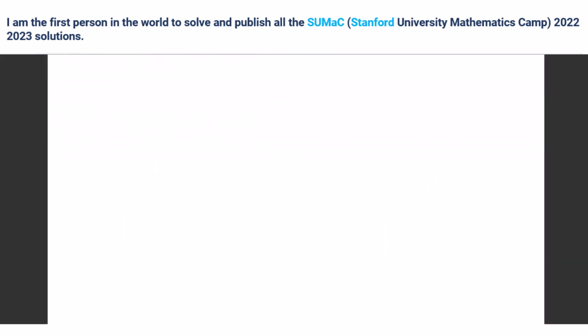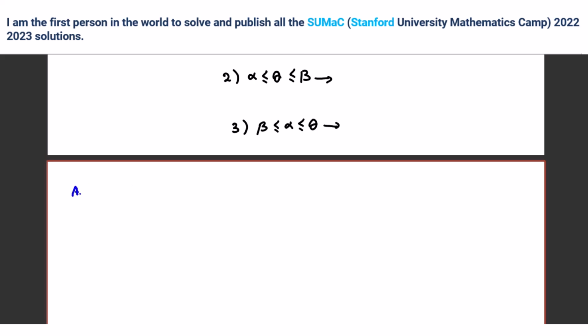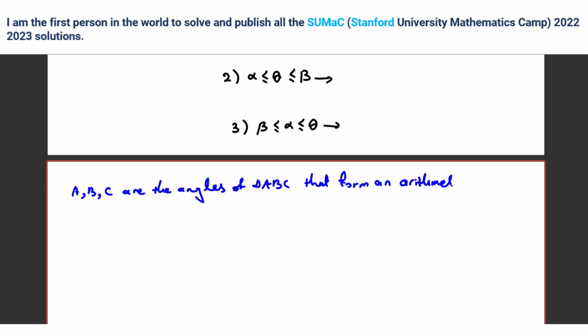So suppose A, B, C are the angles of triangle ABC that form an arithmetic progression. Suppose that A is less than or equal to B less than or equal to C, then find angle B. It must be 60.